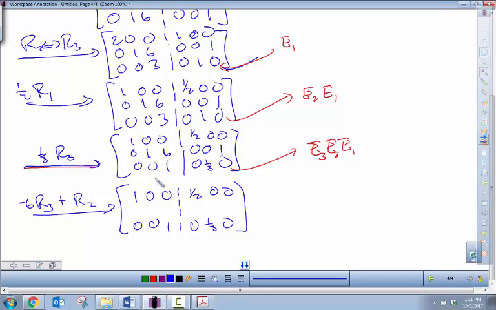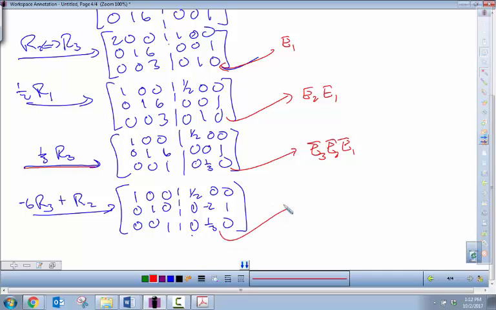Now for the second row, I need to multiply the third row by -6 and add it. So 0, 1, 0. Now the left-hand side has become the identity. Then I multiply by -6: 1/3 times -6 is -2, and I add it to the second row. So 0, -2, and 1.